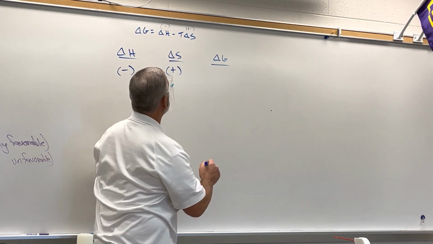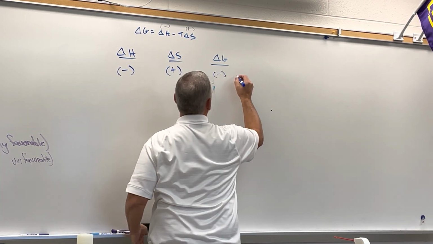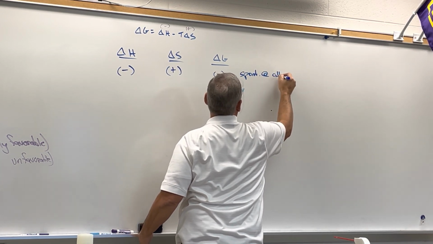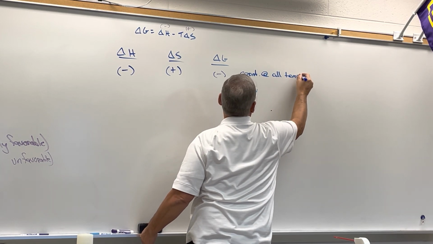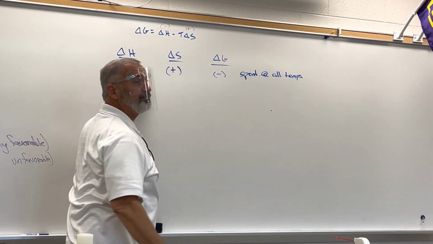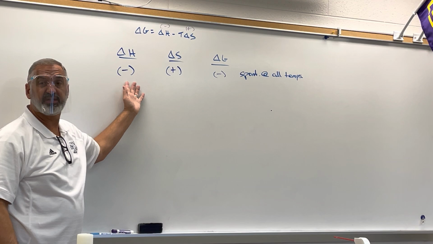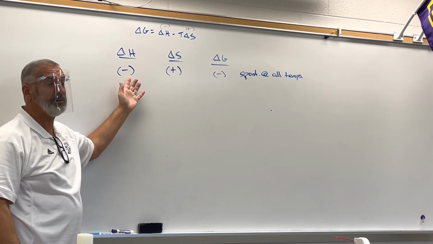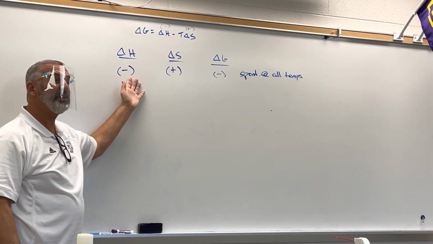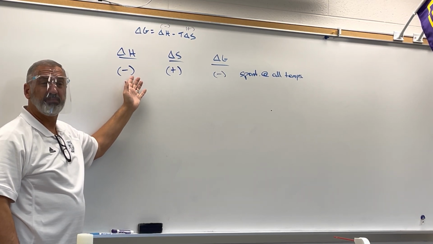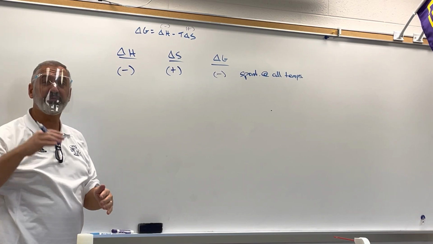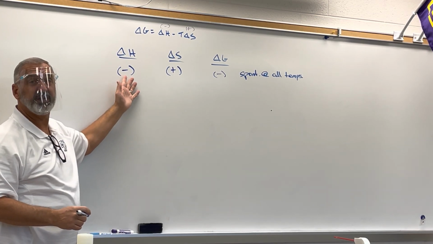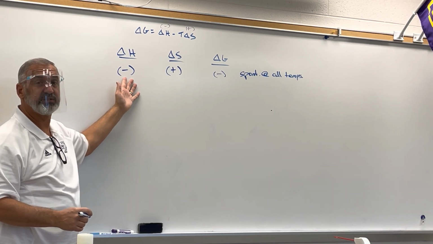Minus a positive is going to be a negative. So that means this is going to be spontaneous at all temperatures. Both of the driving forces are saying yes. This is a good thing. Let's make this happen. Now, it doesn't necessarily mean it's going to happen fast. It may not even happen appreciably at room temperature because it might have that high activation energy where you just got to give it a little bit of a push. But it is going to be a naturally spontaneous reaction.